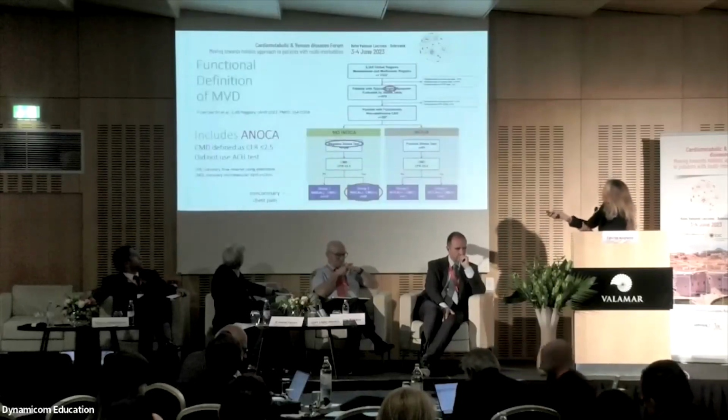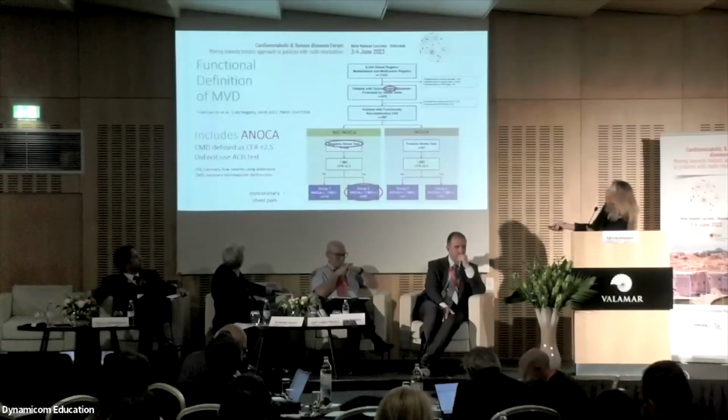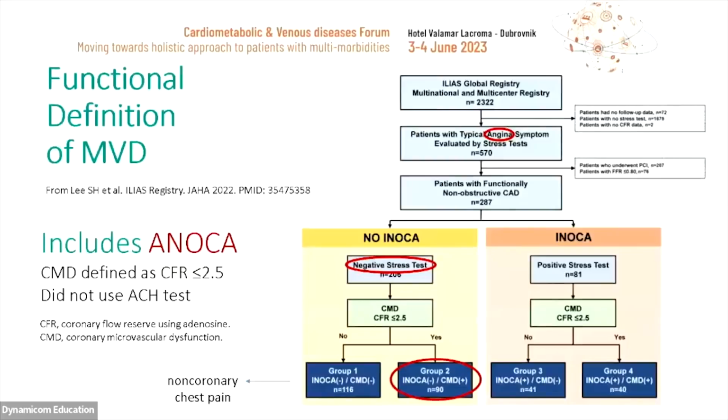This other paper, the reference will be elsewhere, apologies, but it's called the ILIAS Global Registry. Here it is, yeah. It's more recent, and instead they included ANOCA. They took all patients with angina. They took those that had ischemia on non-invasive testing.